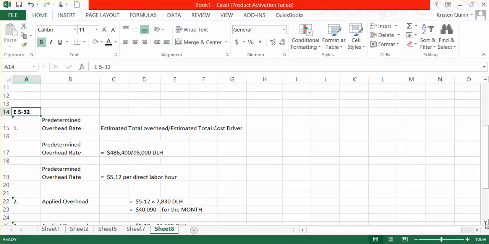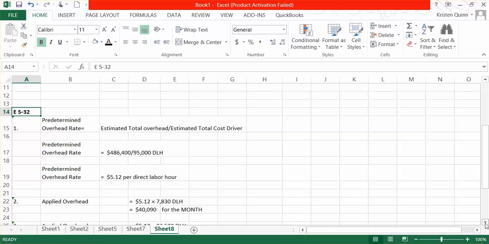In part 3, they want us to calculate the total applied overhead for the year. Be careful when you're doing assignments like this. Make sure if you're looking at it for a month or for the year in total. In this case, we're looking for the year. So we look back at the information, and it tells us that the company had actual direct labor hours of 93,500.